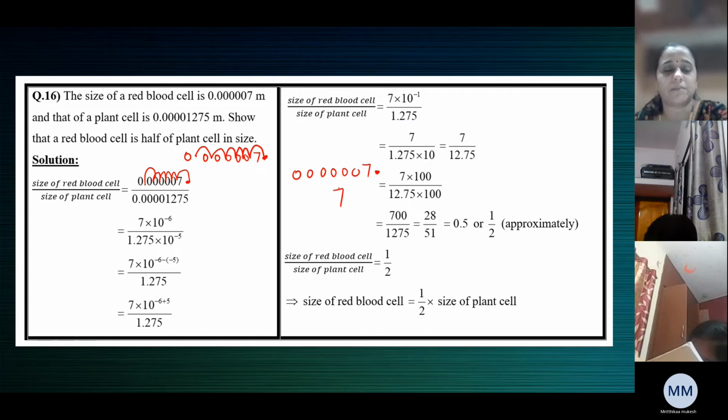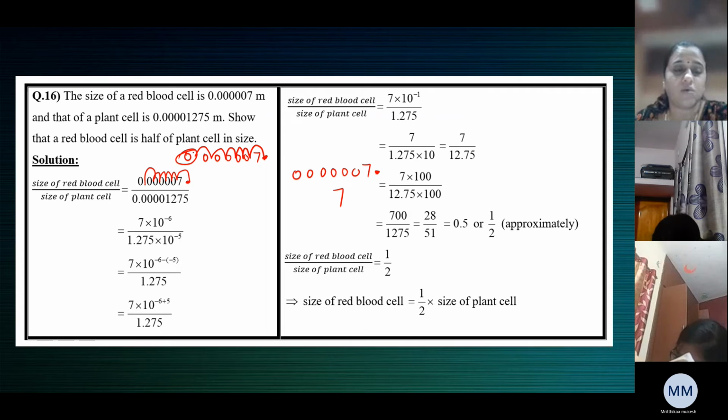The whole number part was 0, and now it becomes 7. You've increased the value of the number.